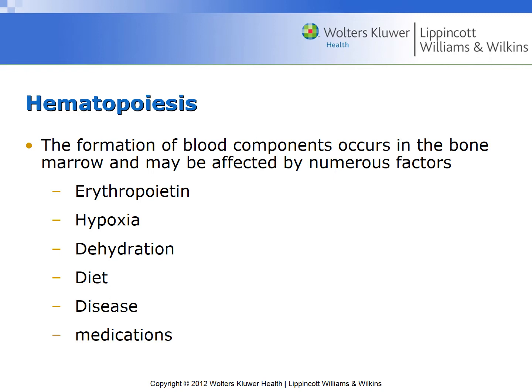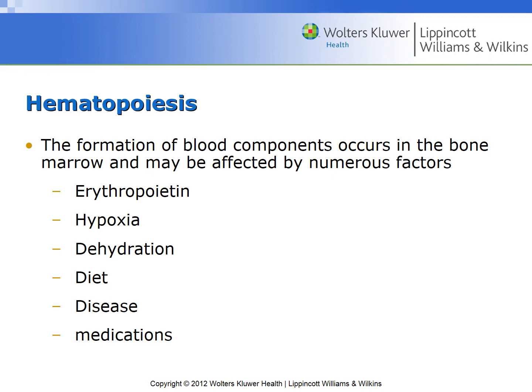So with hypoxia, you have to think about what the various components of blood do. Red blood cells have one job, that's to transport oxygen. If you don't have enough red blood cells, then you can't transport enough oxygen to the tissues.